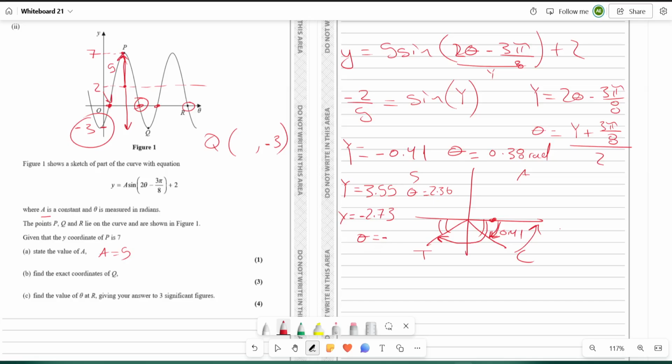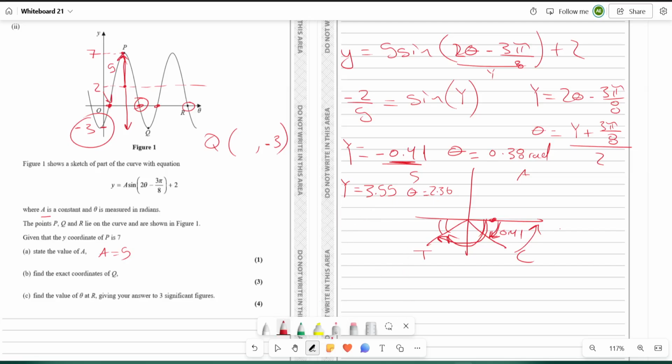So theta is going to become negative. So that's why just the answer after the negative 0.41 in y is going to start giving us this answer over here, which is the negative theta. That's why this was the confusion over here.